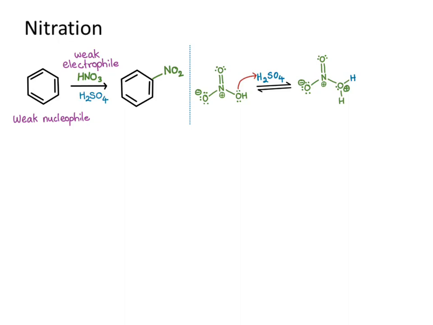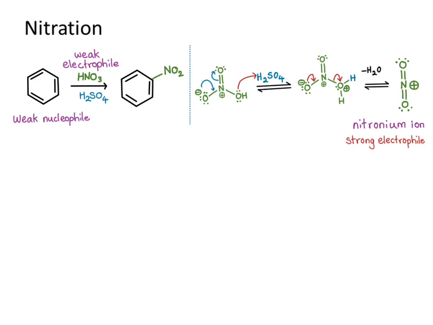What happens is the water will immediately leave as a leaving group and gives the NO2. Water leaves and you get the NO2, or nitronium ion. Nitronium ion, that is a strong electrophile. You see the positive charge on the nitrogen?